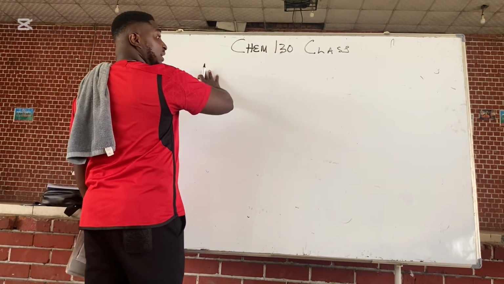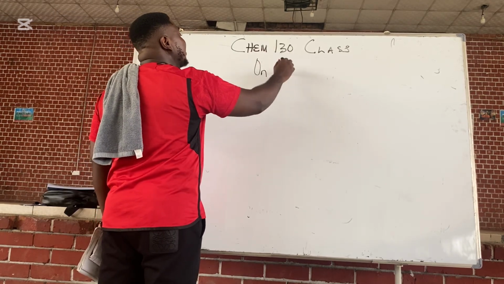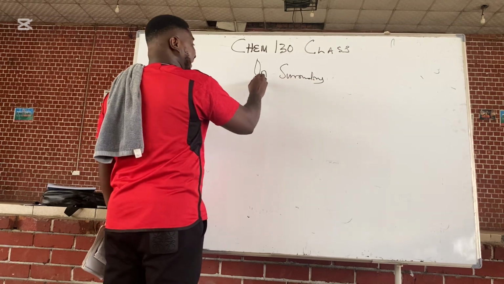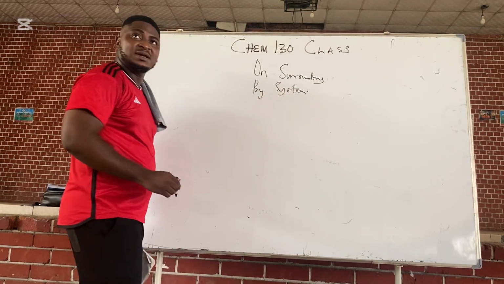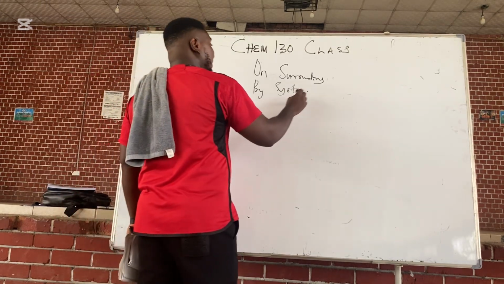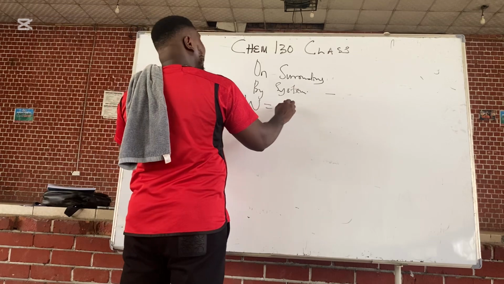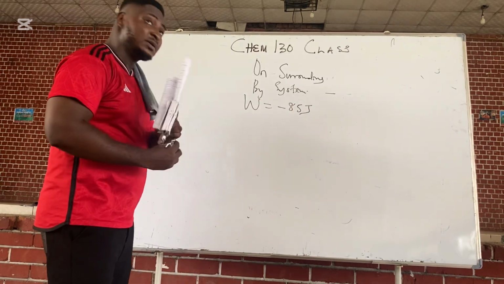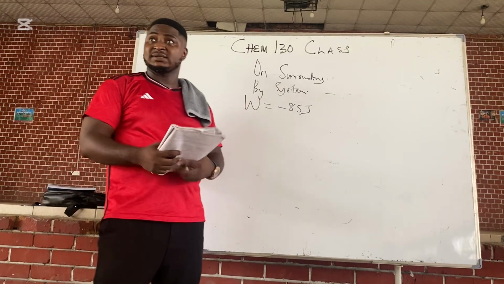The system does work on the surrounding. Class, when work is done on the surrounding, it means it is done by the system, right? So when work is done by the system, what does it mean? Negative. So my W is minus 85 joules, because work is done on the surrounding by the system.